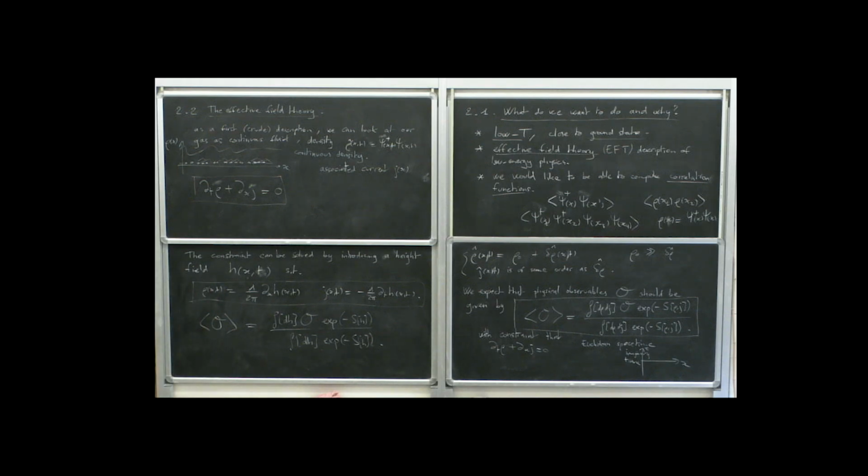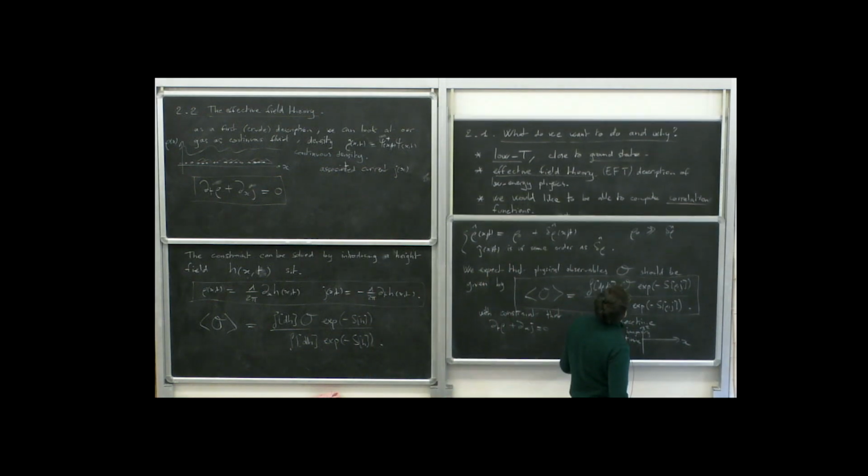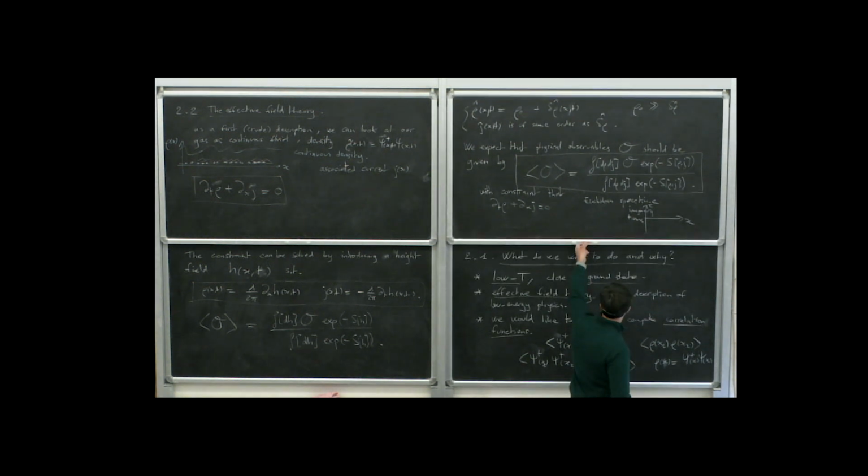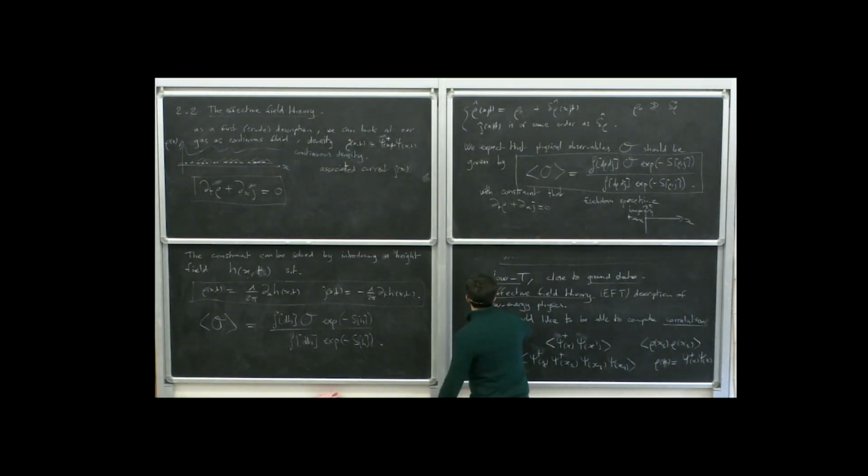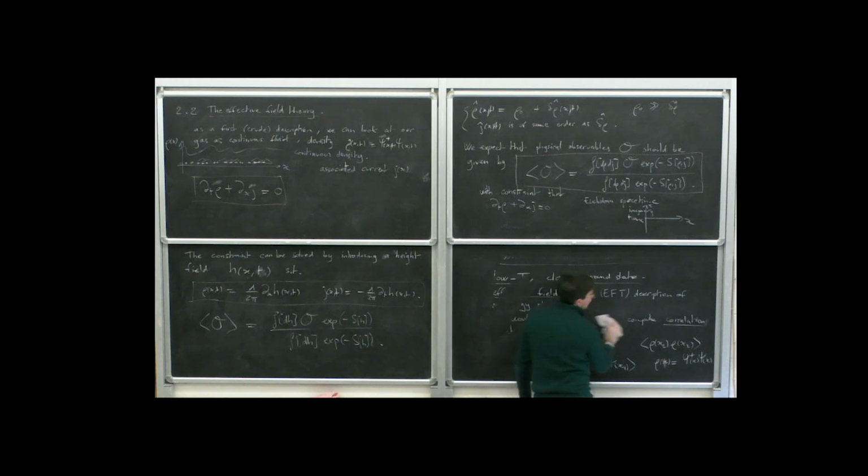So now you start seeing that we have a model of a fluctuating height field. It starts sounding very similar to the Gaussian free field, or to the free boson that we've talked about.